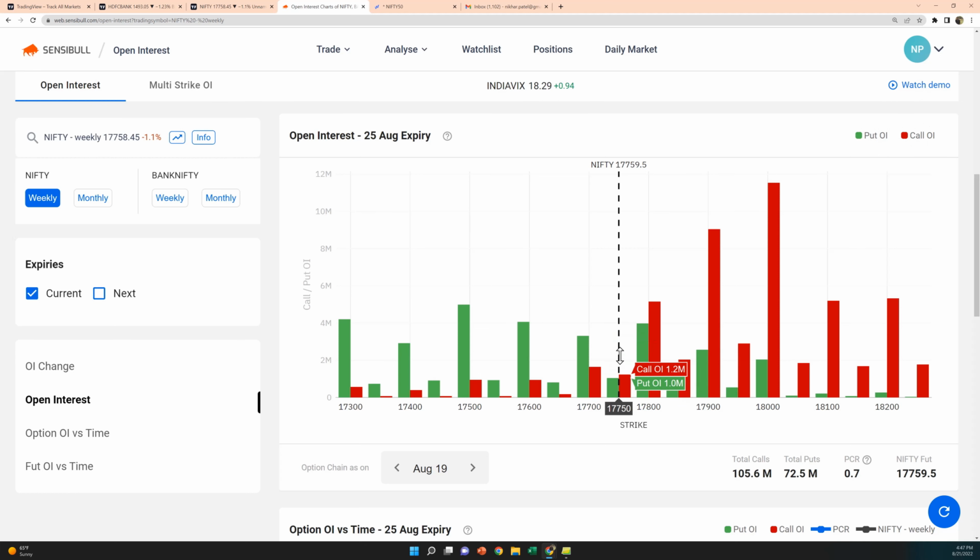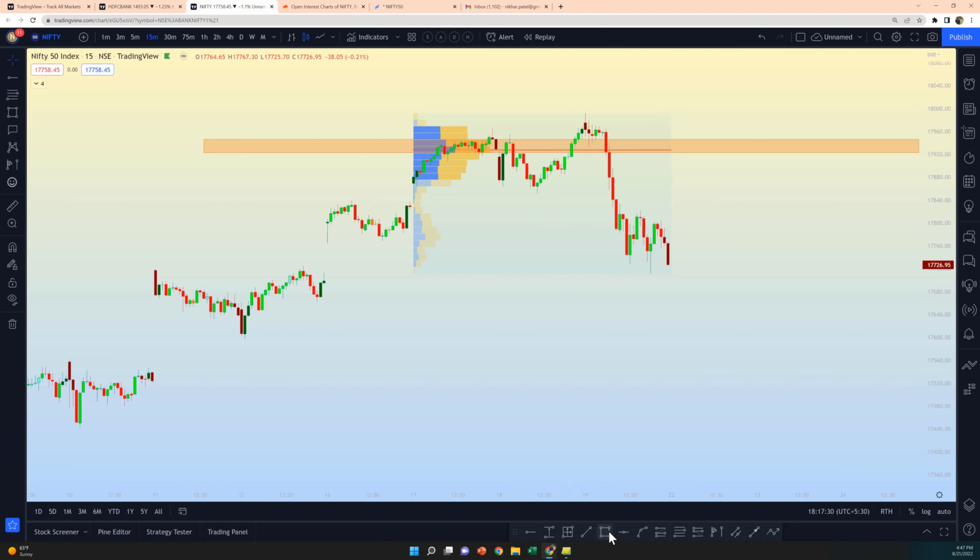Now you can visibly see that the nearest support where the maximum puts are being written is 17,700 levels, which is here. So we just go here and mark the 17,700 level, which is here. However, as you know, the spot can move up and down based on your intraday volatility, right?